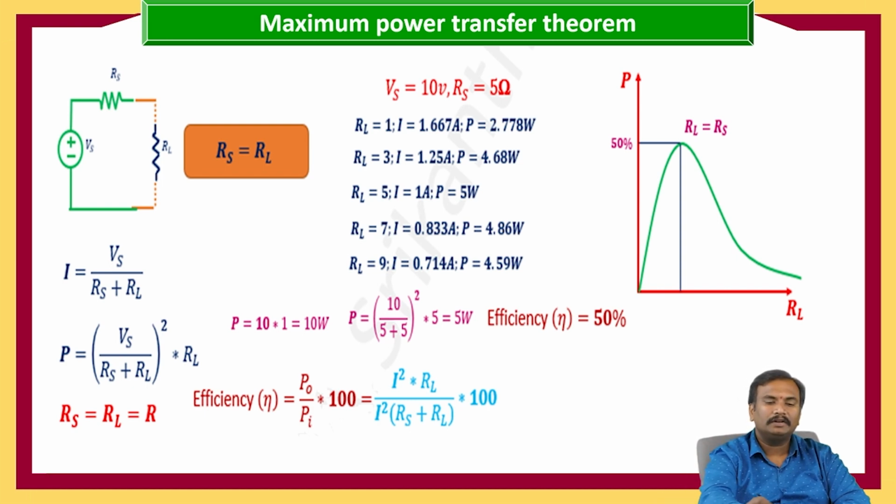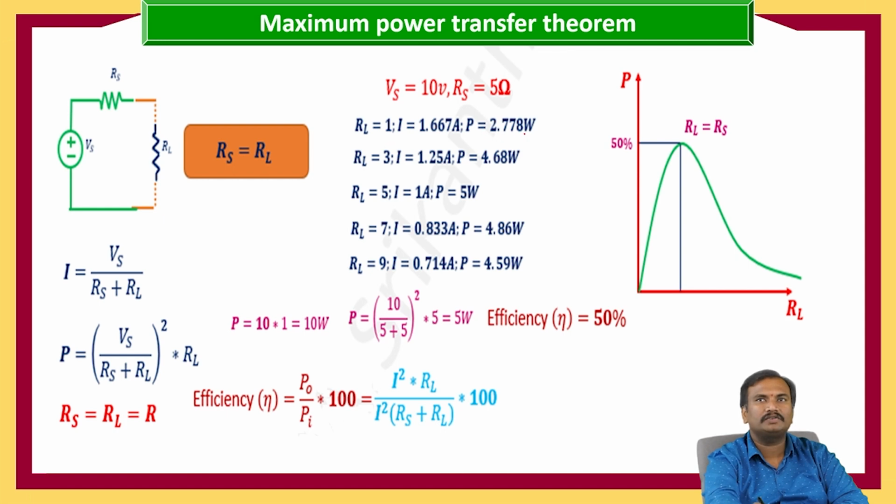So here R_L is equal to 1 ohm. When we substitute R_L is equal to 1 ohm, I is 10 by R_S plus R_L, that is 10 by 5 plus 1, that is 6. 10 by 6 gives the value as 1.667 amperes, where power is equal to I square R. I square is 1.667 square into R_L value 1.